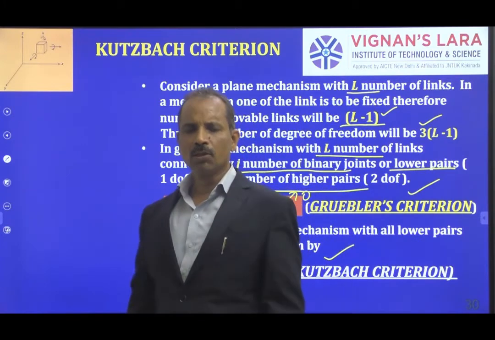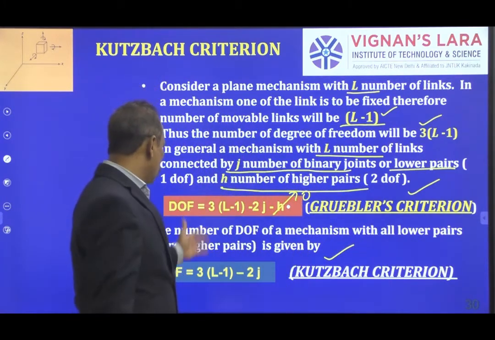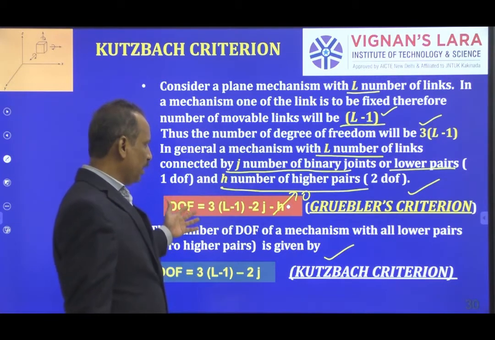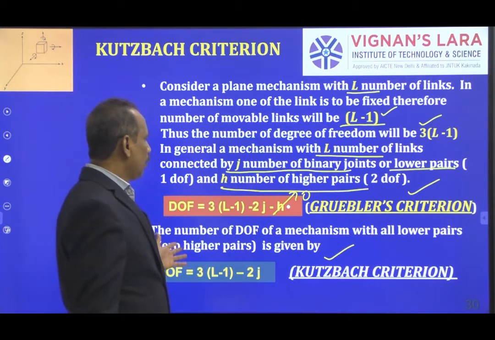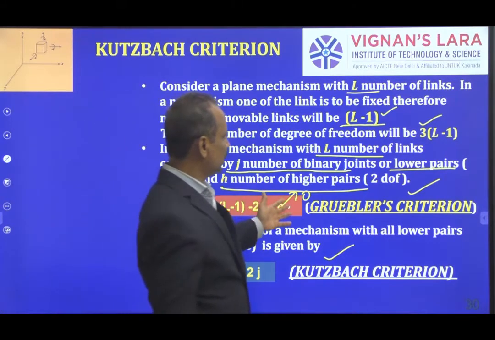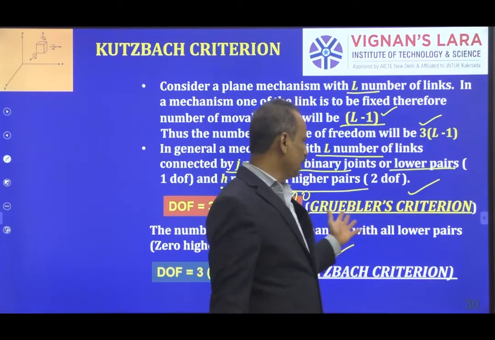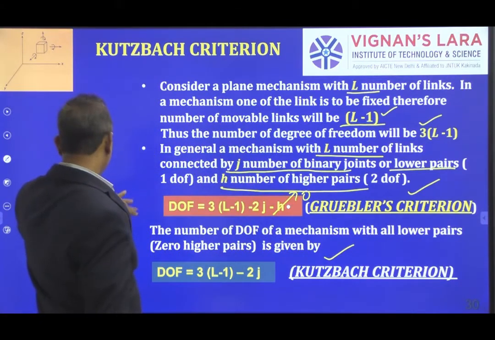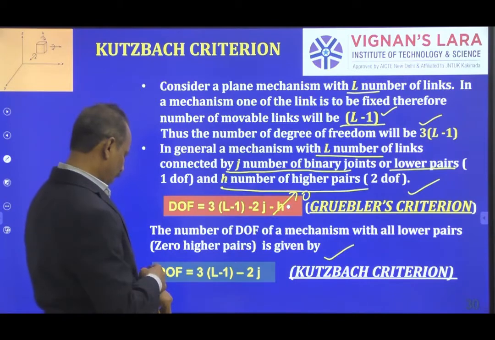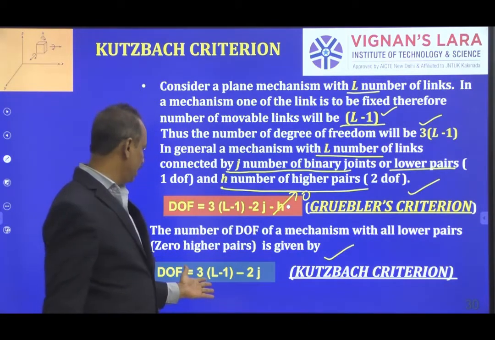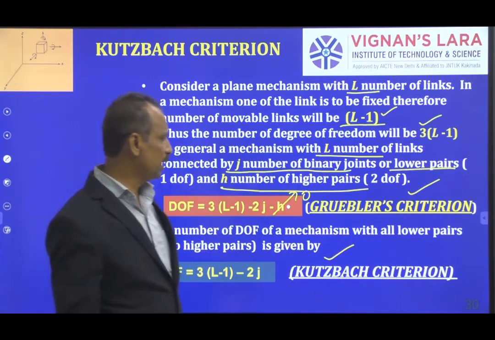So there is no novelty in these two, just a different name. Might be that two different scientists invented this simultaneously in two different situations and named it as two different criteria. Otherwise, it looks the same, Grubler's criterion as well as Kutzbach's criterion.